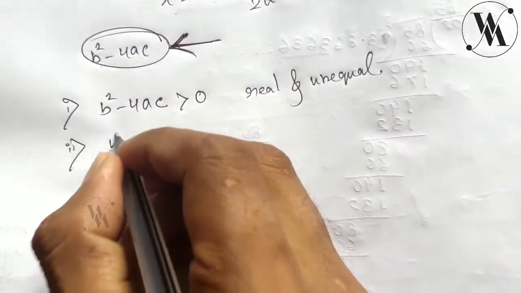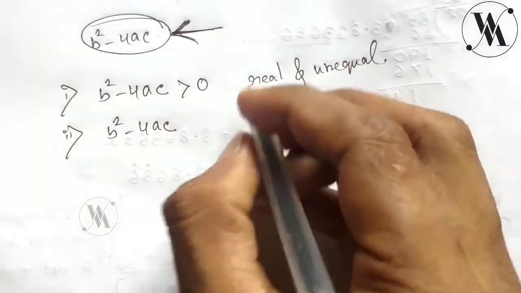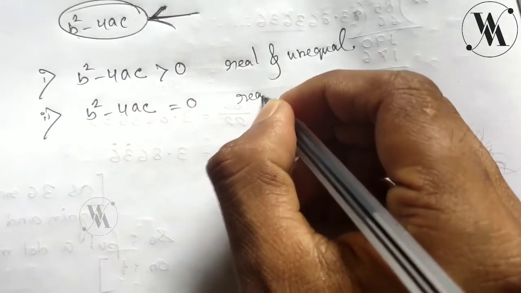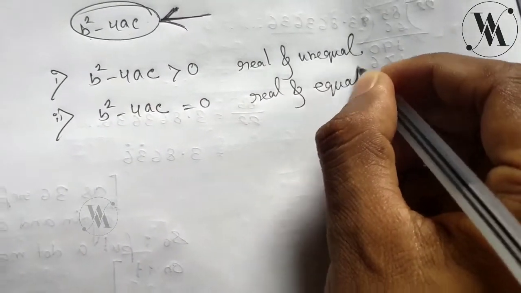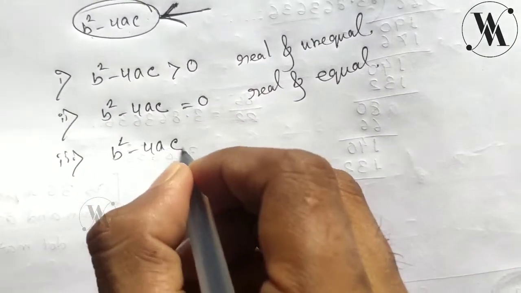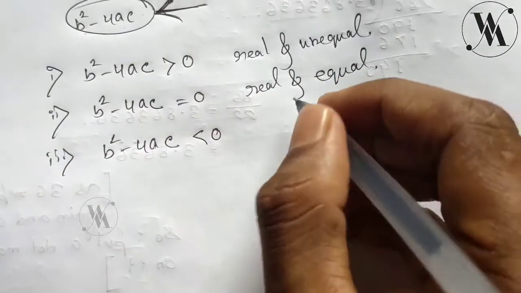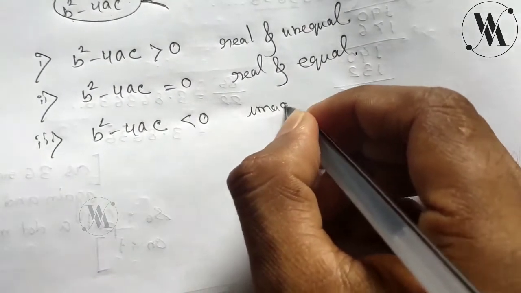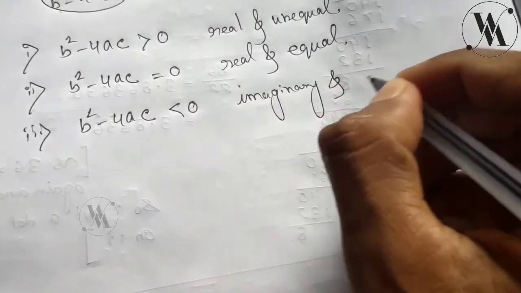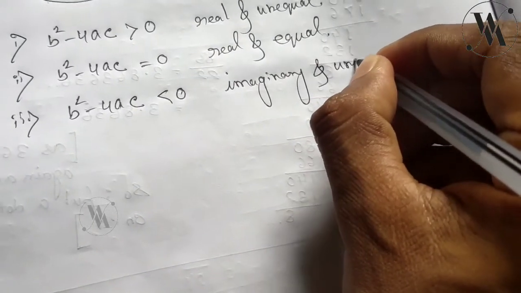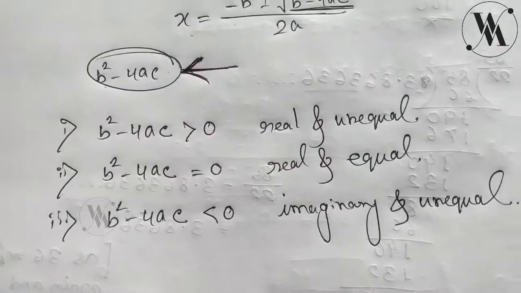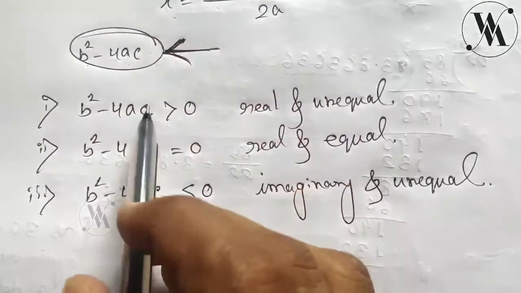Number 2, if the value of b square minus 4ac is equal to 0, then the roots are real and equal. Number 3, if b square minus 4ac is less than 0, then the roots are imaginary and unequal. So that is the process to find the nature of the roots.